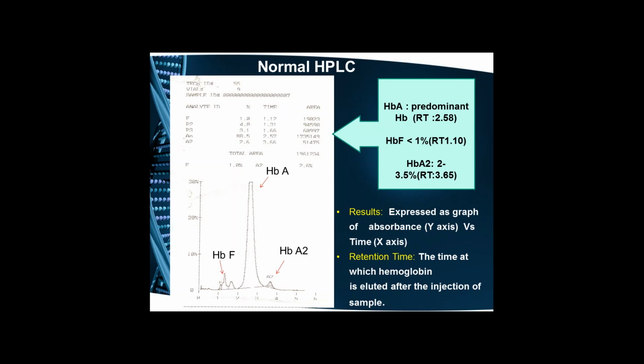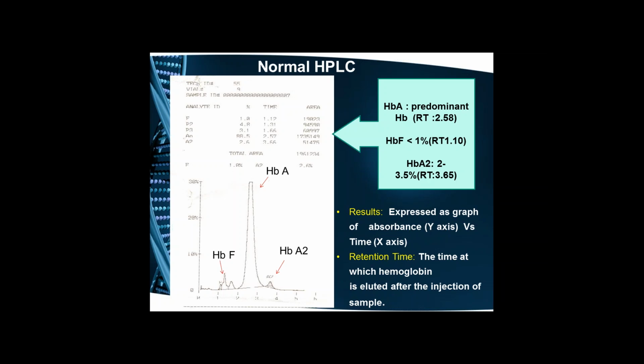So what we see here is a normal distribution, in which the y-axis shows the absorbance and the x-axis shows the time. Just after 1 minute, there is a peak which shows an absorbance of around 5%, and that is the HbF peak, the first to be seen.